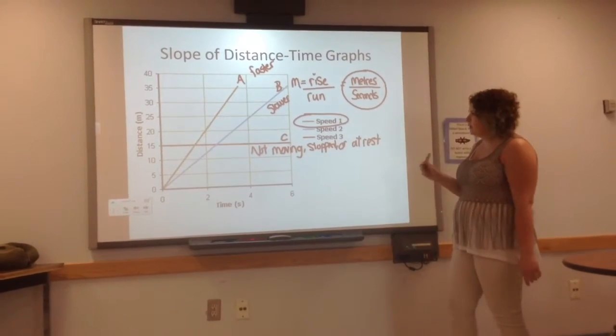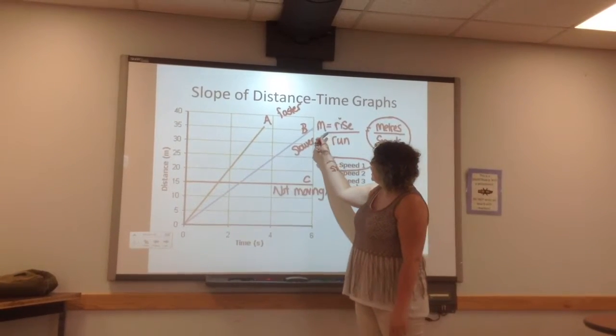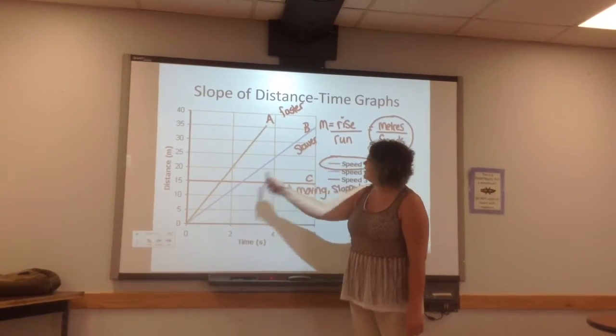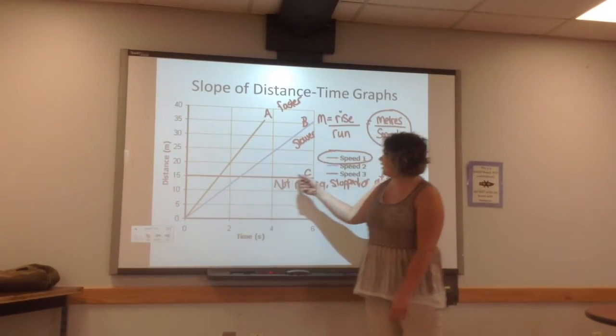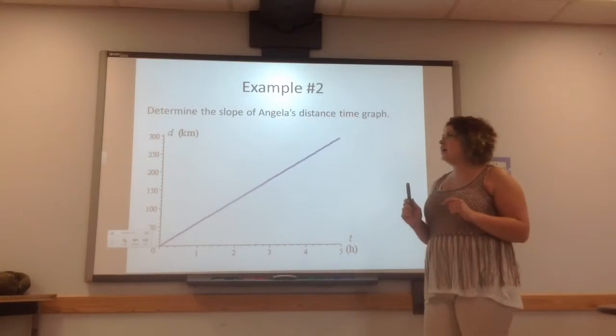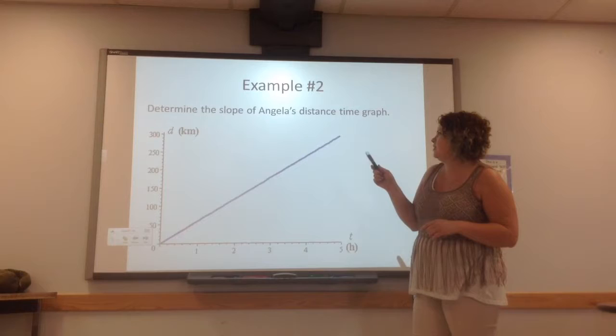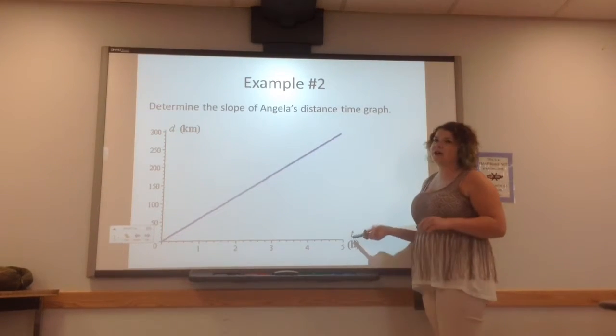So just to recap, the more steep a line is, the faster it's moving. A line that's less steep is moving more slowly, and a horizontal flat line like this means that they're not moving at all. Let's try another example. So in this question, we have a distance time graph.